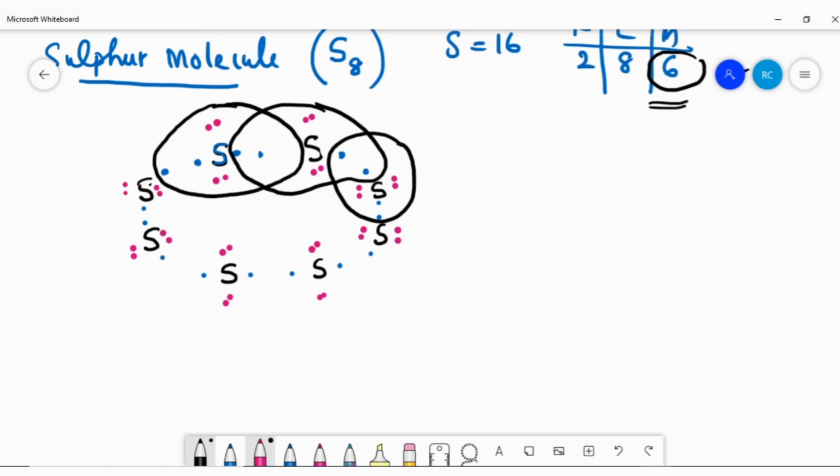For this sulfur, I have drawn the dot a little bit away so that I can draw a very good circle.